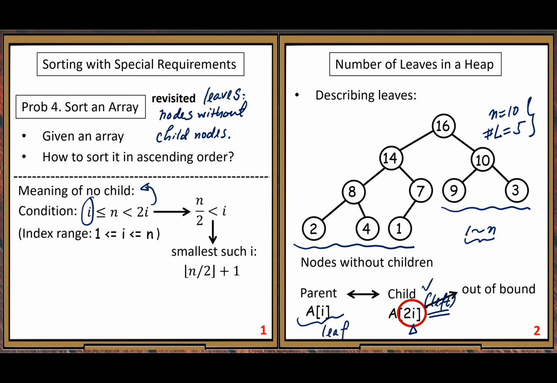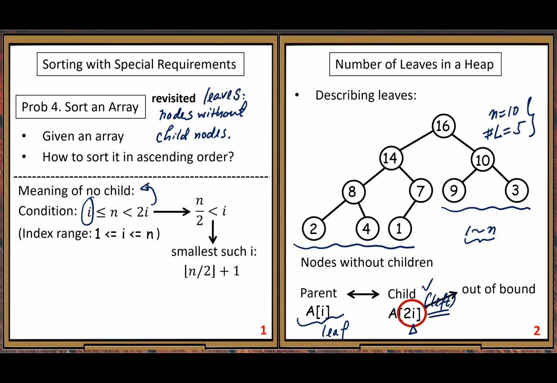So with the floor function we round it down, and then we need to plus 1 to raise it higher than n over 2. So you can see this expression is a good one. It is the smallest such i, the integer expression.